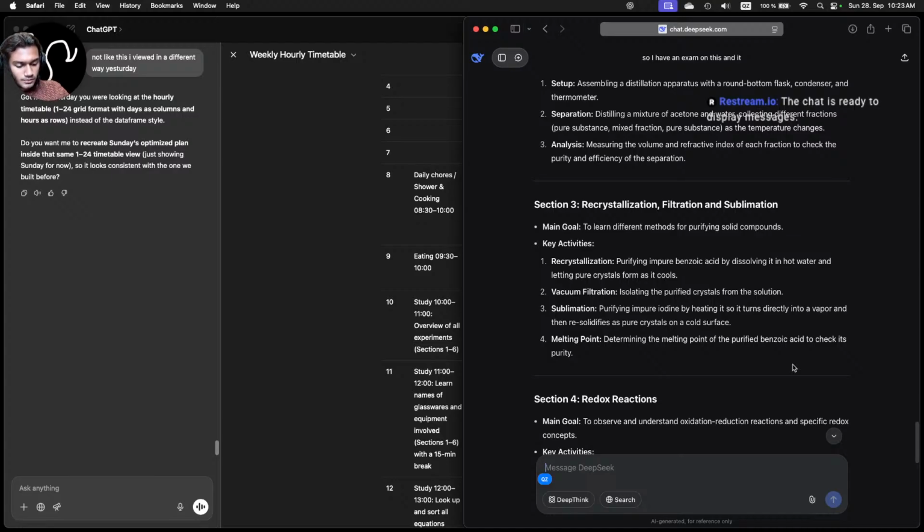But here also I think the separation technique is used, right?